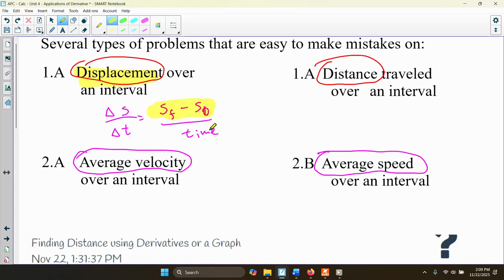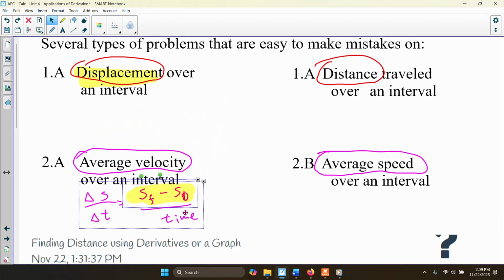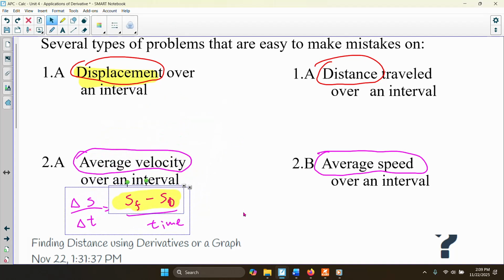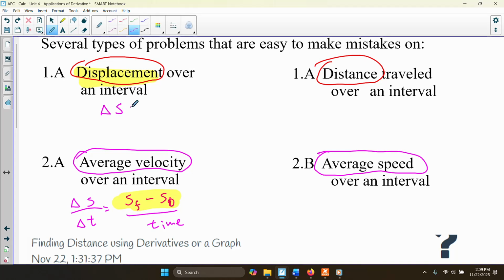Meanwhile, what I did here was rate of change. That's the average velocity.